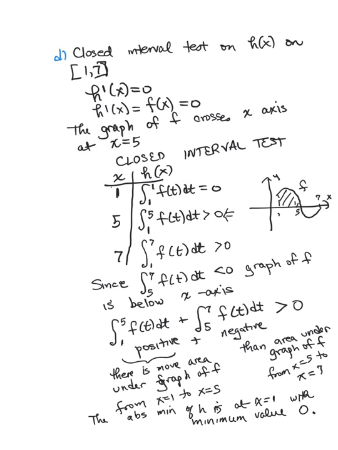Okay, because at x equals 5, we see that h is positive, and h is also positive at x equals 7, but h is more positive at x equals 5 than x equals 7, meaning that h of 5 is more than h of 7, but that doesn't matter. They're both positive numbers, and 0 is always less than positive numbers. So that's the absolute minimum.